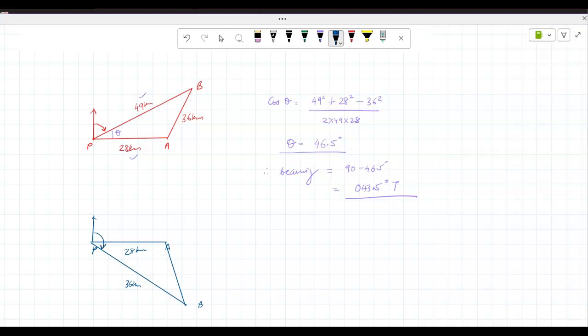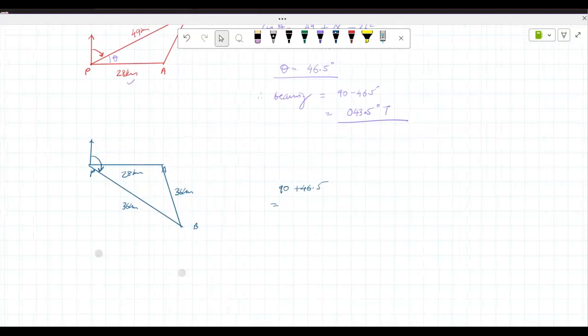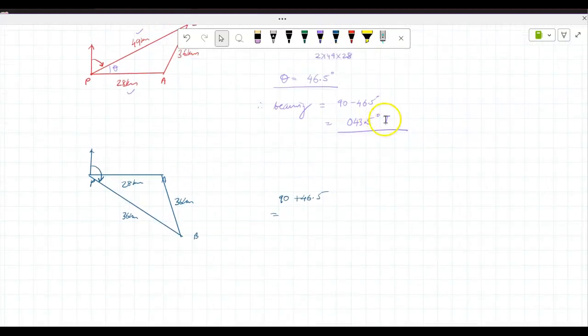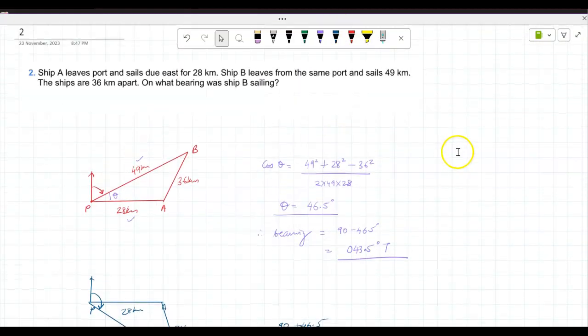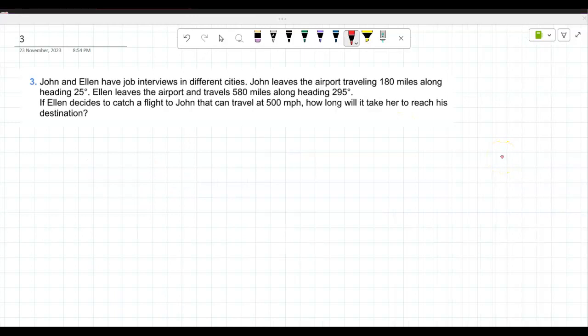This would be your bearing then. Your bearing would here be how much? 90 plus 46.5. These are the two possibilities which are there. You can do any one, because they haven't specified. You consider with respect to north.